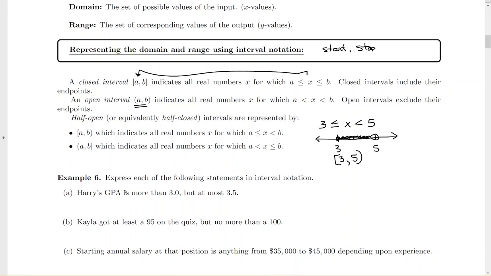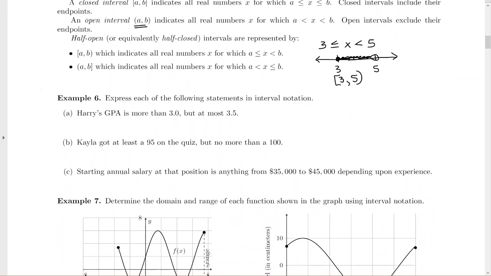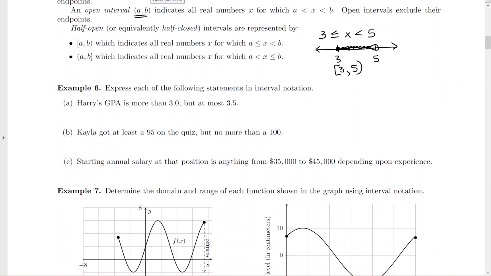So for the following examples here, express each in terms of interval notation. So Harry's GPA is more than 3, but at most 3.5. Let's think about it on a number line. 3.0, it's more than 3.0, so it's not equal to it, it's more than, so it's going to be an open dot. At most 3.5.